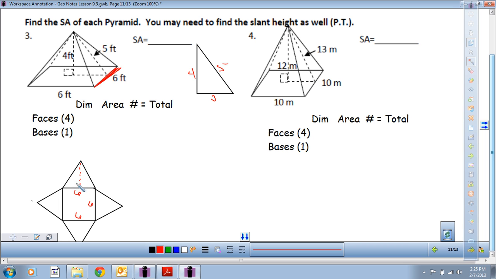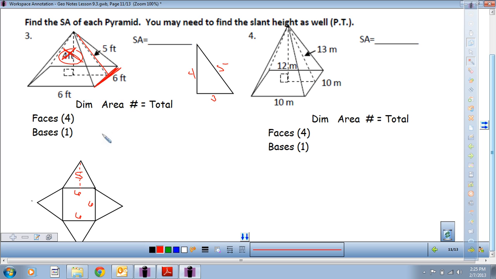The height of that triangle is actually that 5. Everybody always thinks 4, but once you lay these guys down, that guy becomes flat. It's two-dimensional. It doesn't have that height anymore. And really, today, we're not concerned with that pyramid height, and we won't be concerned with that until we do volume. Right?